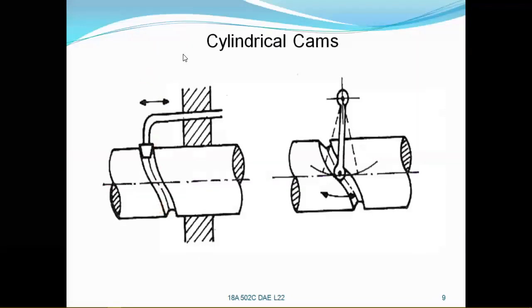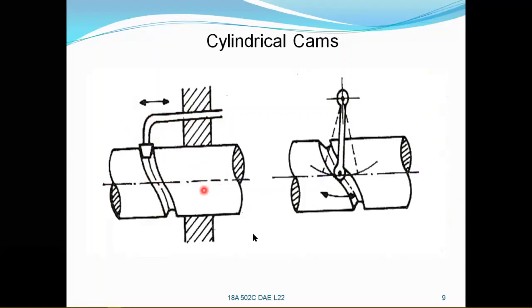If you see, this is the cam which is having a groove in which the follower is in contact with this groove, and it is the follower which will reciprocate parallel to the axis of the cylindrical cam.